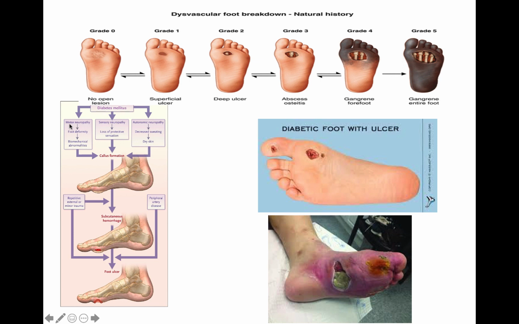So in diabetes, as we discussed: motor neuropathy, foot deformity, sensory neuropathy, autonomic neuropathy, dry skin, decreased sweating, loss of protective sensation, biomechanical abnormalities, all of them enter. You might have callus formation, then subcutaneous hemorrhage, repetitive external minor trauma, peripheral artery disease. All of this that we discussed will then result in a foot ulcer.